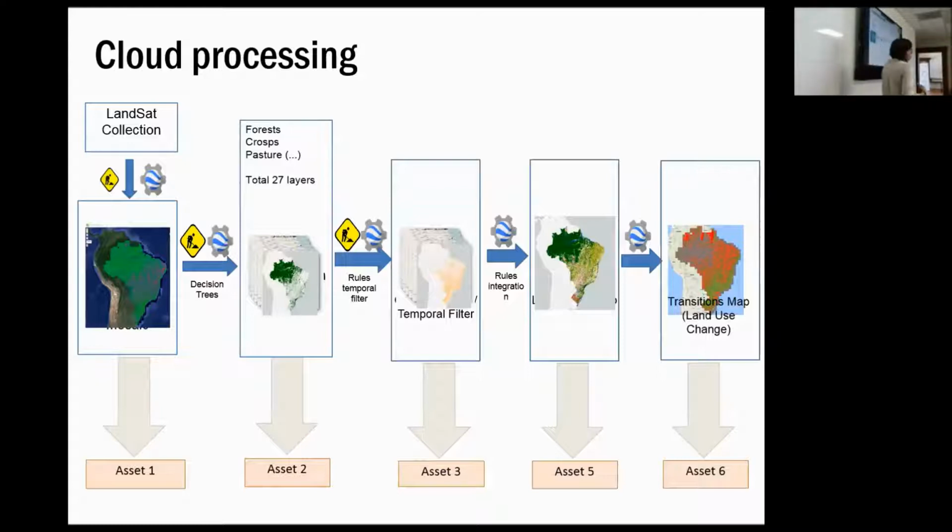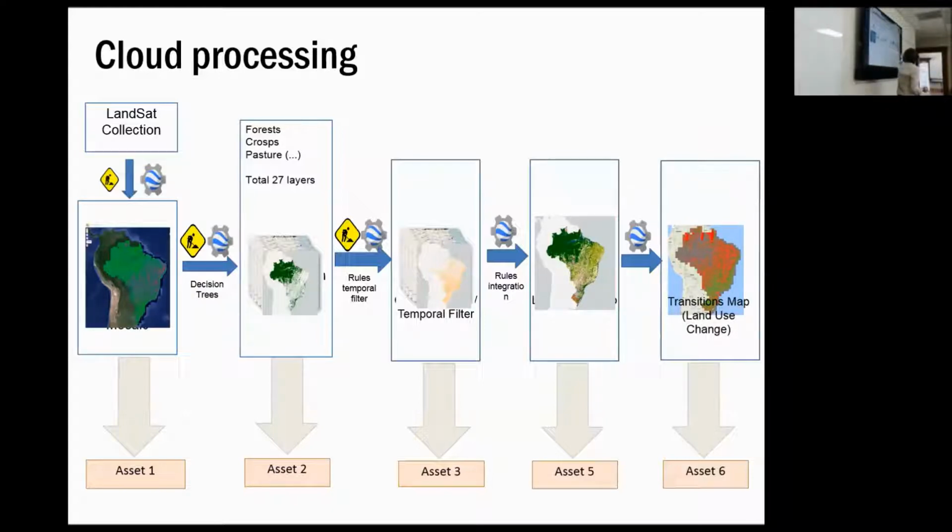IPAM is responsible for the mapping of the Cerrado. So we work on Landsat images. We download these images, we run empirical and statistical decision trees, we create covers, we do filters, and then we integrate all the different types of biomes and land uses to create the final map.